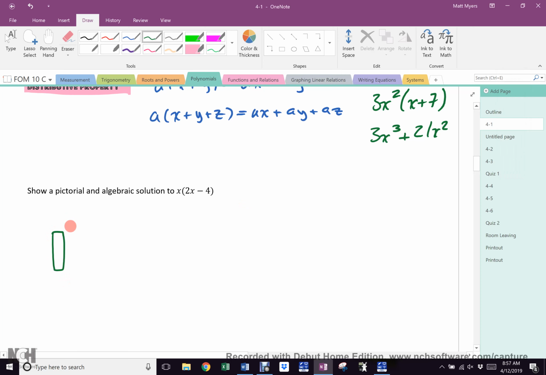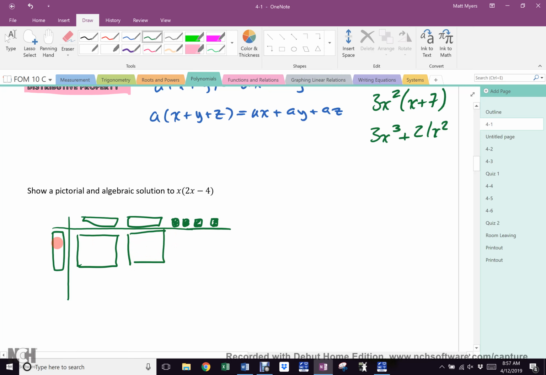There is x, and up here there is 1x, 2x, and negative 4, correct? Now fill it in. X that way and x that way. X that way, x that way. And then positive times a negative. What wins? Negative, just like in real life. I'm just kidding.